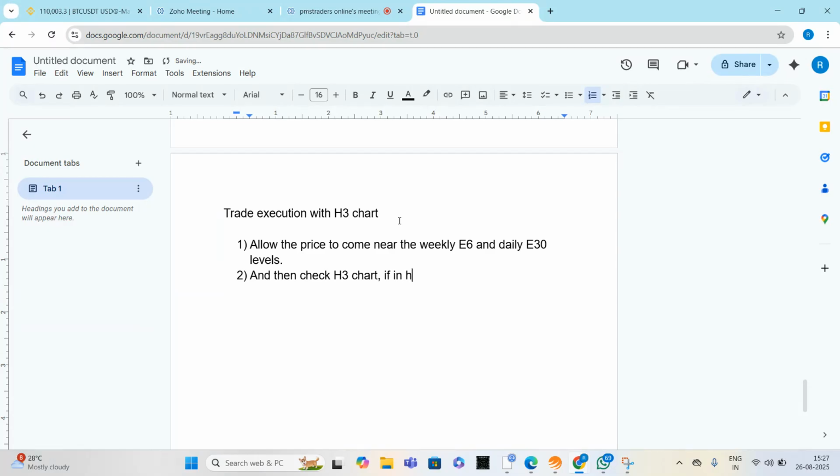If in H3 price closes above E6 with RSI sustaining above signal line, then check H1 chart for MACD buy signal.